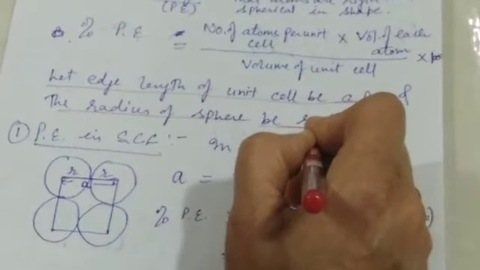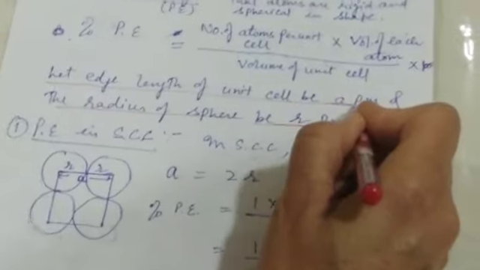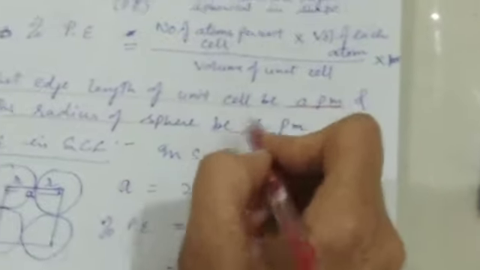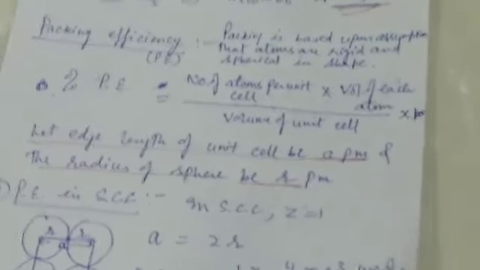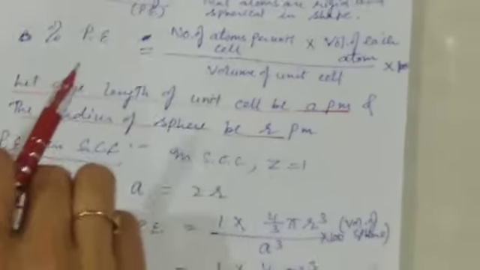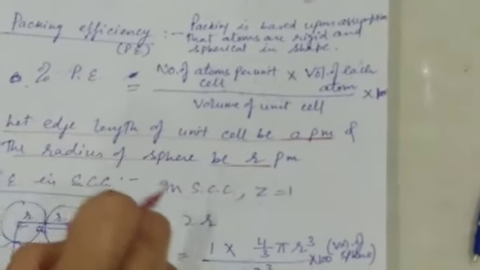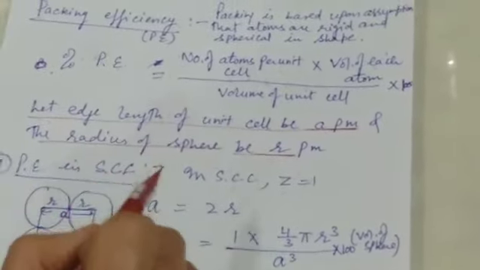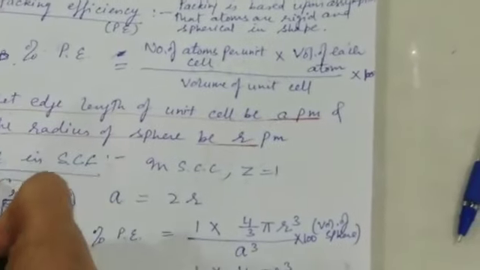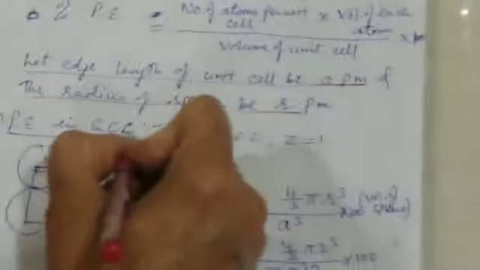Now let us assume the edge length of the unit cell is a picometers and the radius of the sphere is r picometers. The unit cell which we are discussing here in class 12 is a cubic unit cell where a equals b equals c, and alpha equals beta equals gamma equals 90 degrees.